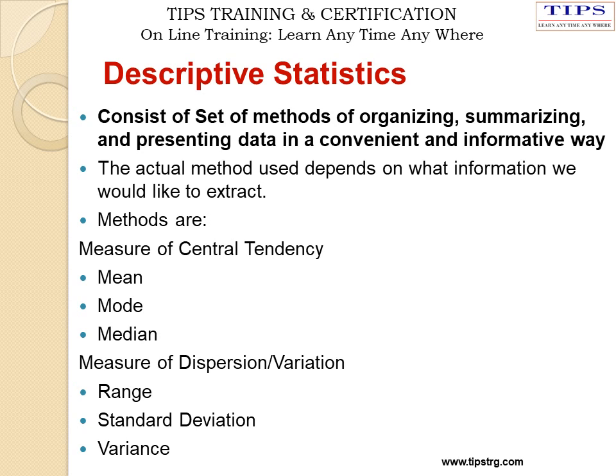Methods are measure of central tendency and measure of dispersion or variation. Measure of central tendency consists of mean, mode and median. Measure of dispersion consists of range, standard deviation and variance. What these are and how to calculate them we will see in our next slide.